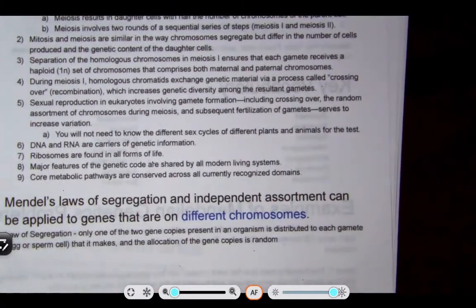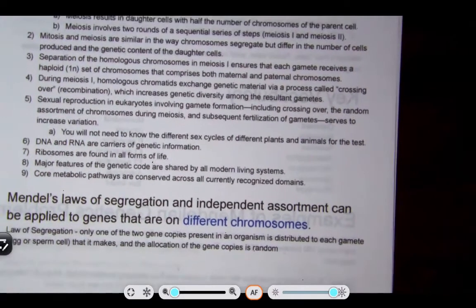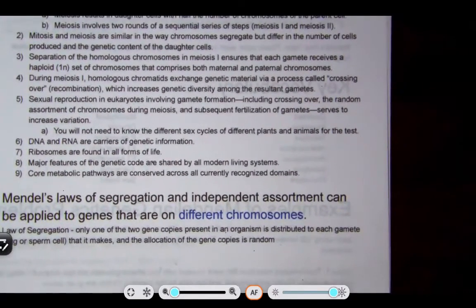Ribosomes are found in all life forms. So all living things have ribosomes. All living things go through transcription and translation. It's just that the place and the process are slightly different, and we'll talk about that in another video. Major features of the genetic code are shared by all modern living systems. It's one of our evidences of evolution that we all use DNA.